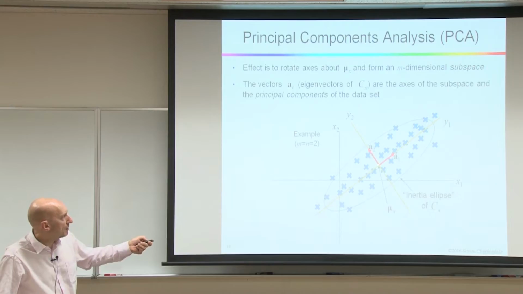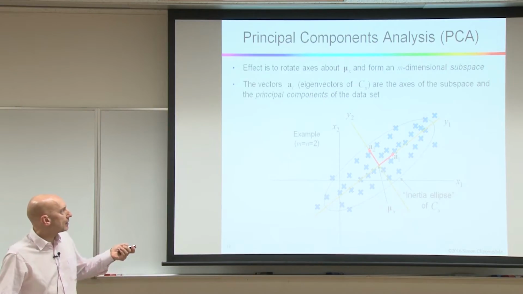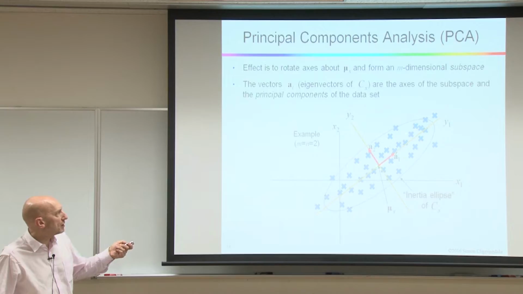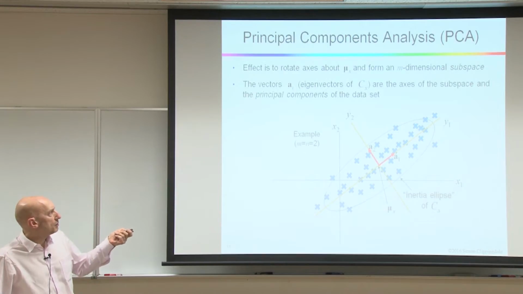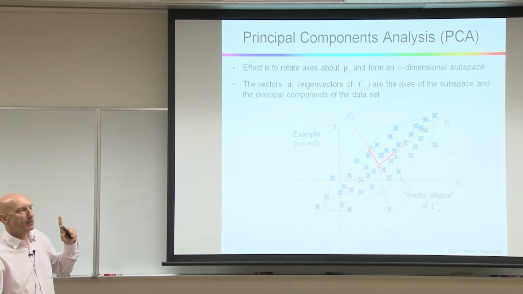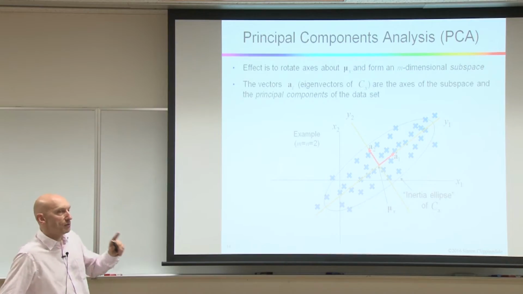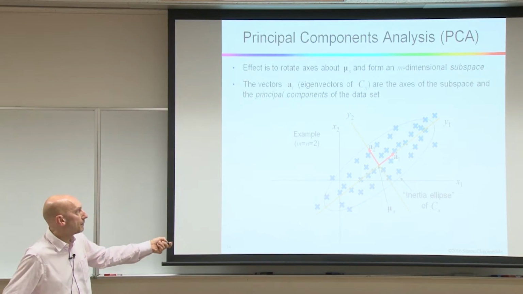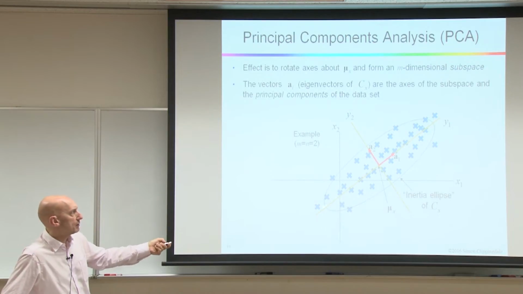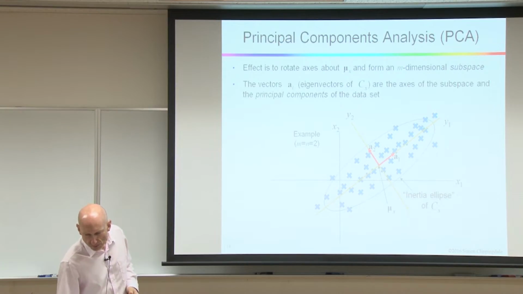This point in the middle here is the mean of the input data, which we take out. And so you can probably see that if you wanted to encode one of these data samples using only one rather than 2 coordinates, the best coordinate that you could use would be this one, because this captures most of the variation in this scatter. Okay, so that's what that looks like.